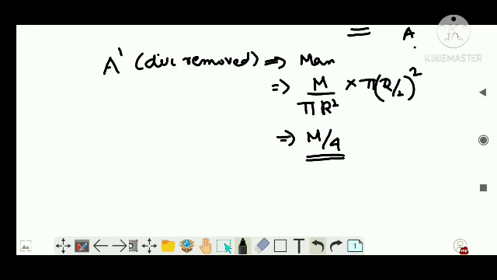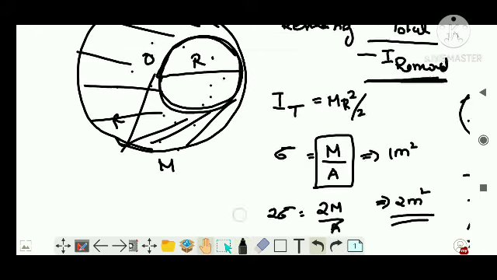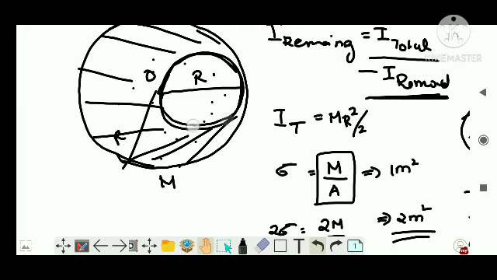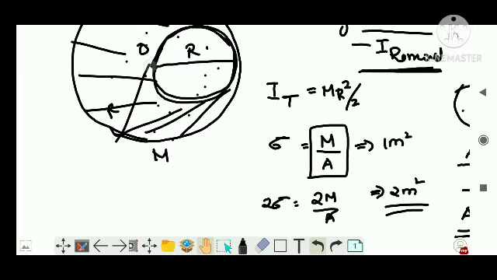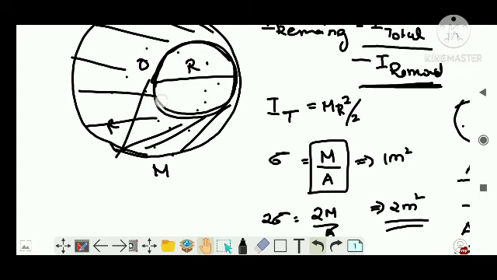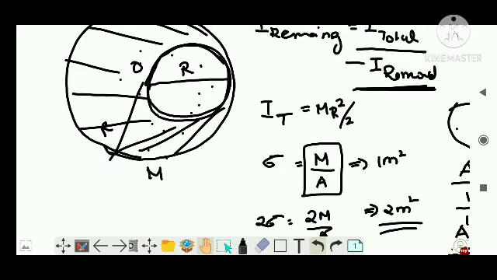Now the moment of inertia of the removed disk has to be found, about this point, right? So this point's moment of inertia you are supposed to find. Again, I'm repeating, the moment of inertia of the removed disk about this point of axis.